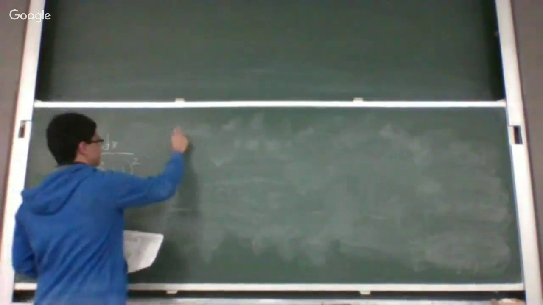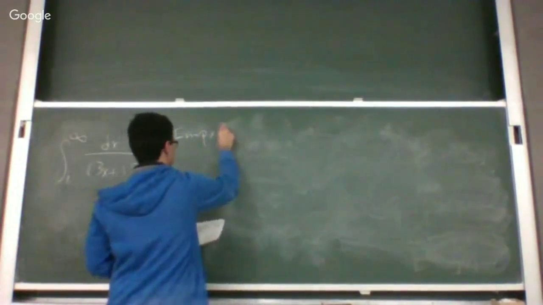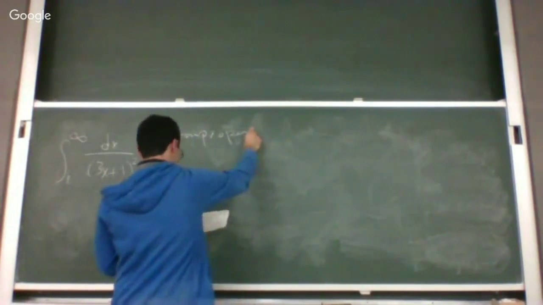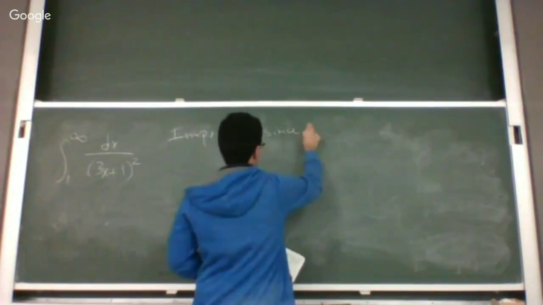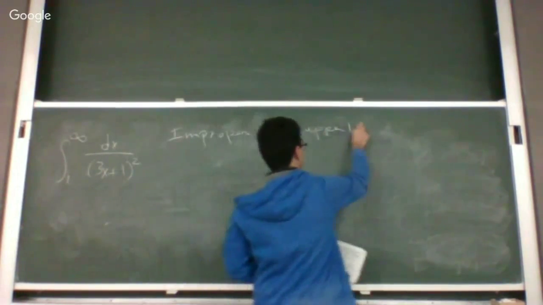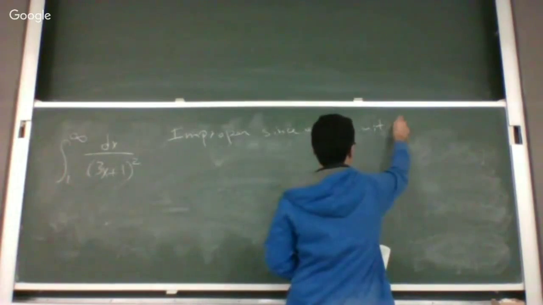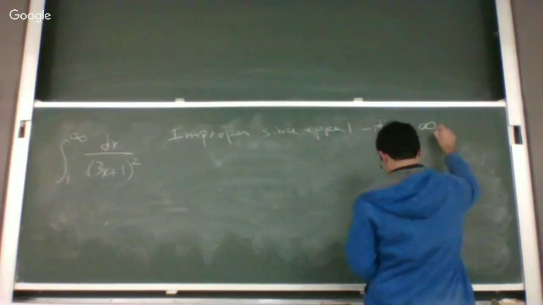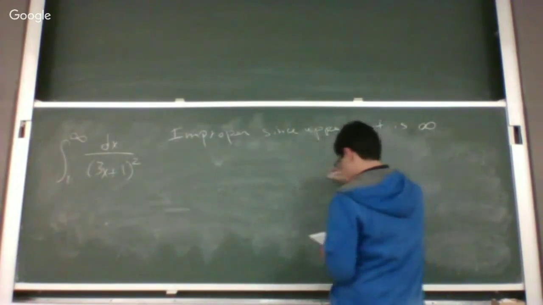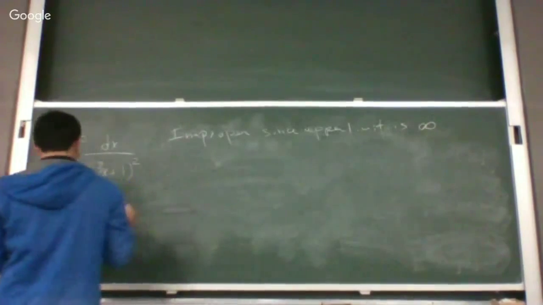We have to say, what's the first thing that we should always state? In the improper sense, the upper limit is infinity.